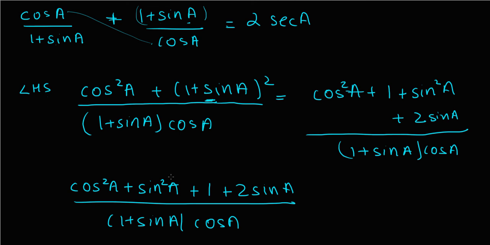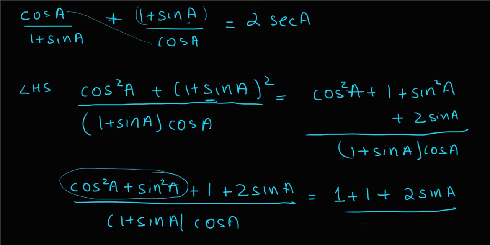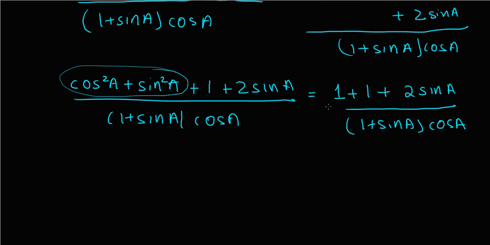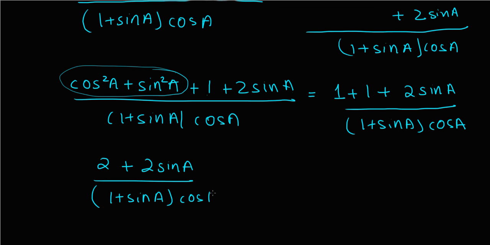So see where it actually leads before just opening up all the brackets and everything, step by step. So sine square plus cos square is 1. I have one more 1 here, plus 2 sine A. I'll keep the denominator as it is, (1 plus sine A) into cos A. So 1 plus 1 would become 2. 2 plus 2 sine A by (1 plus sine A) into cos A. I will take 2 common over here.